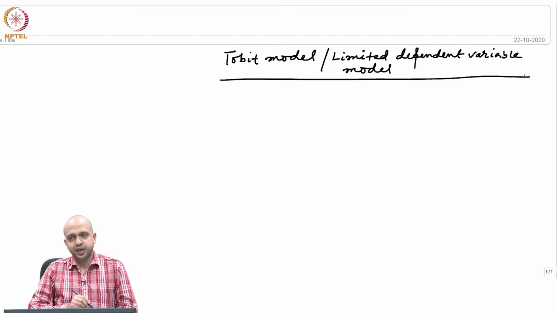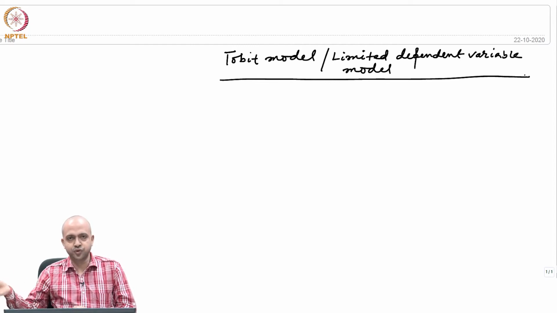Our objective is basically to estimate the probability of, let us say, owning a car or owning a house, given the individual's income. We have only one explanatory variable, income, and we would like to predict the probability that the ith individual will buy a car, depending on the ith individual's level of income.